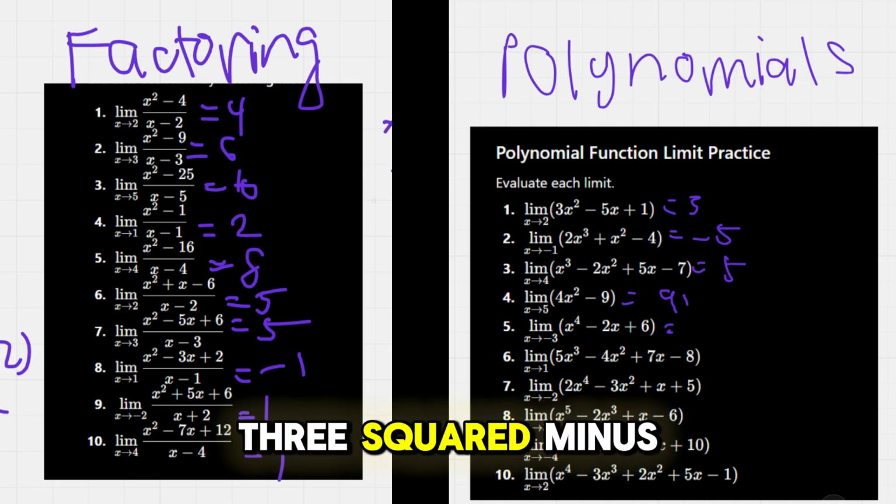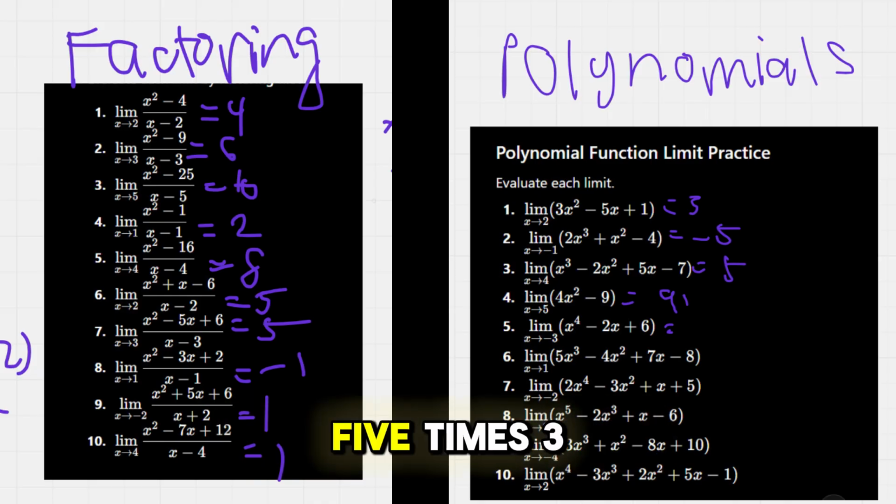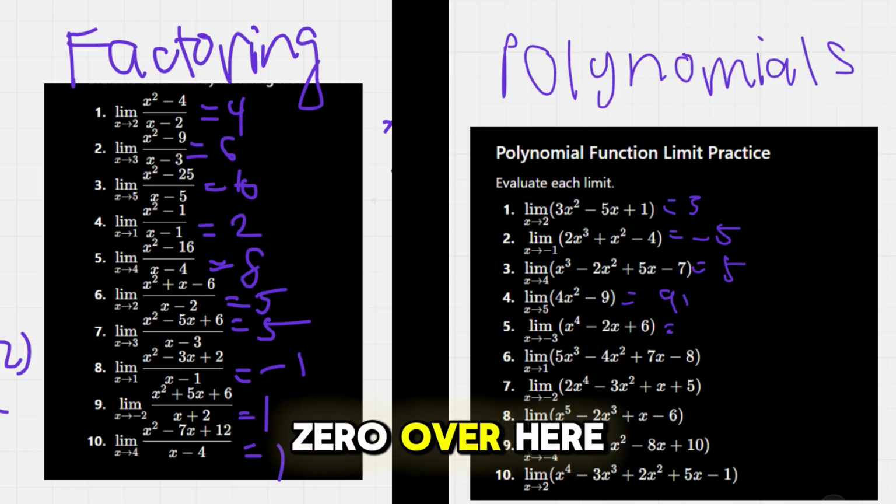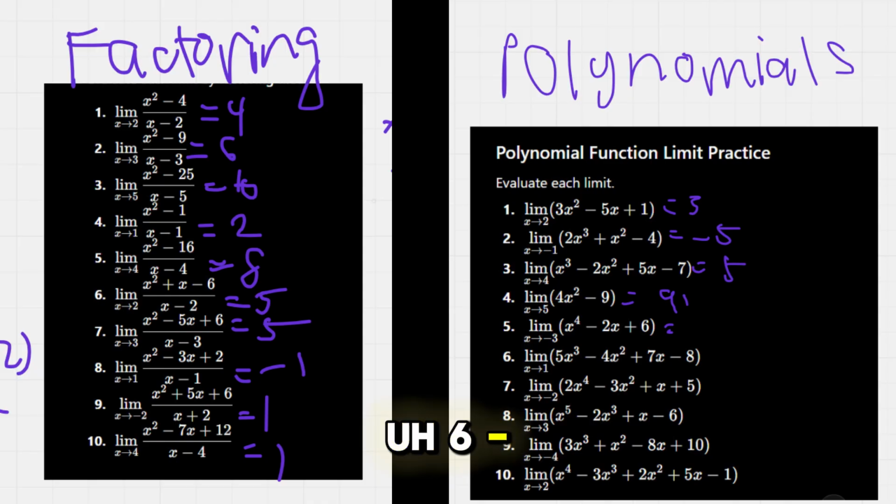We have 3 squared minus 5 times 3 plus 6, then 3 minus 3 is going to be 0 over here. 3 times 3 is 9, minus 15.